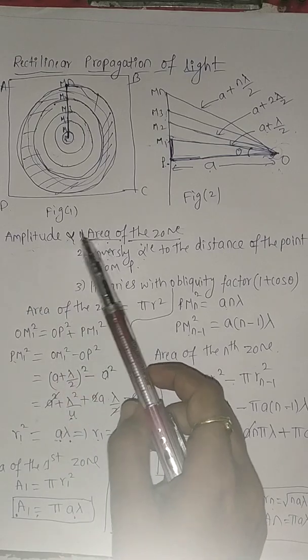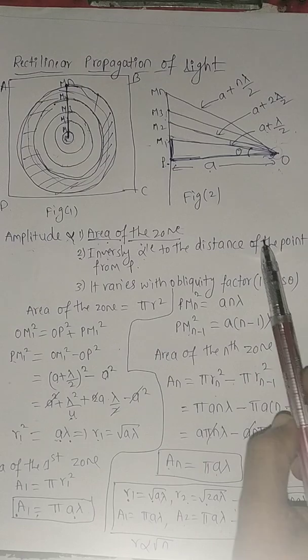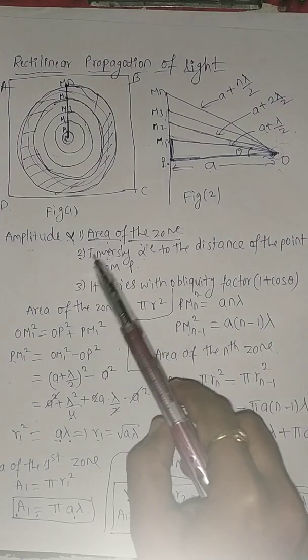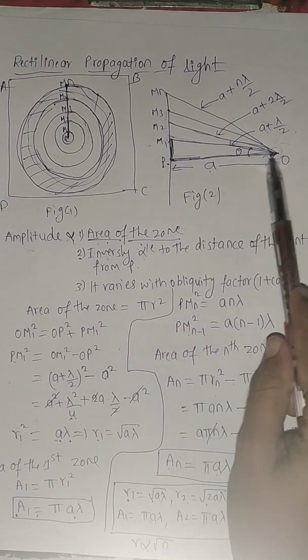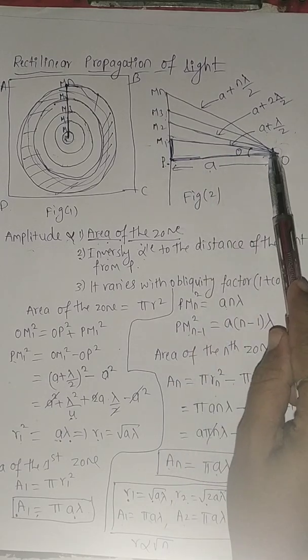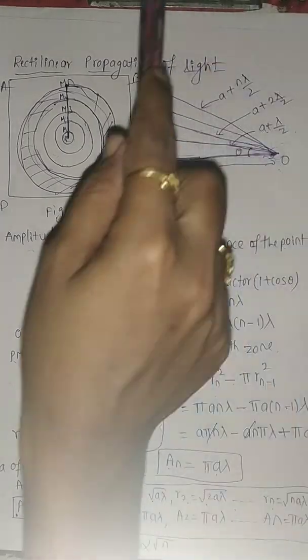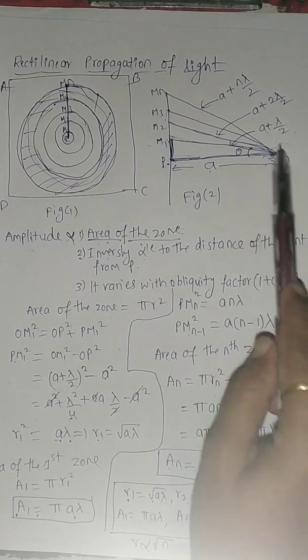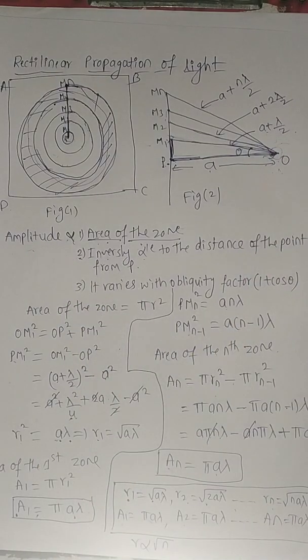So this is the first thing. The second thing is that it is inversely proportional to the distance of the point O from P. If it is nearer, the intensity is larger. If the distance goes on increasing, then the intensity goes on decreasing. So it is inversely proportional to the distance.